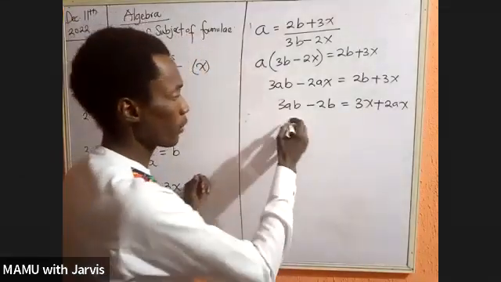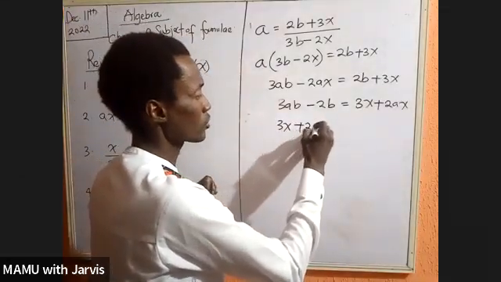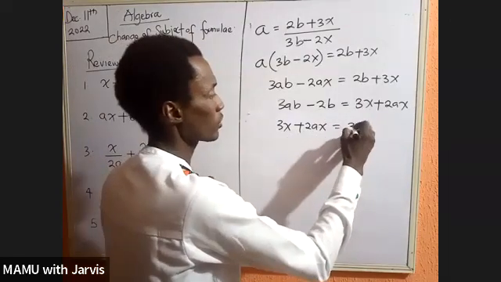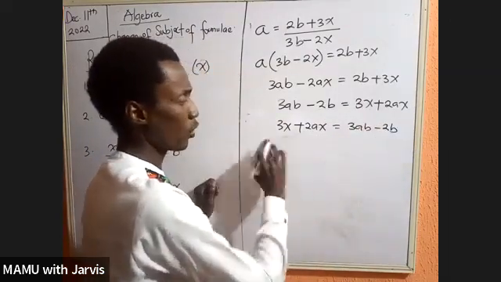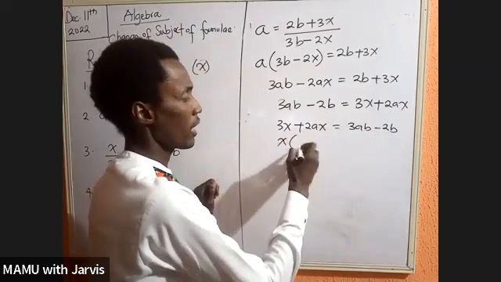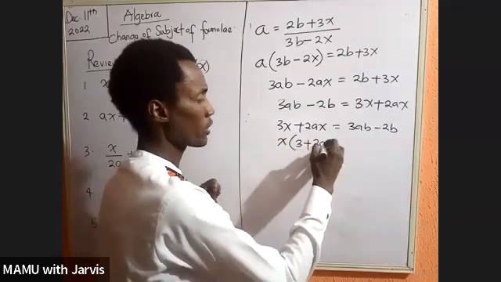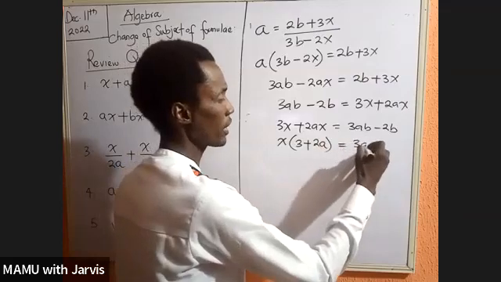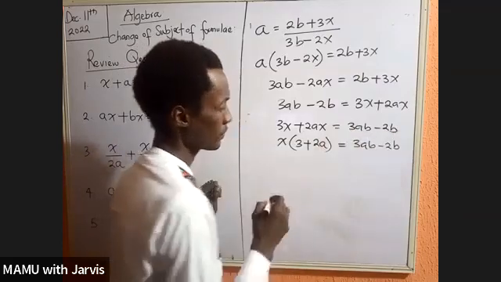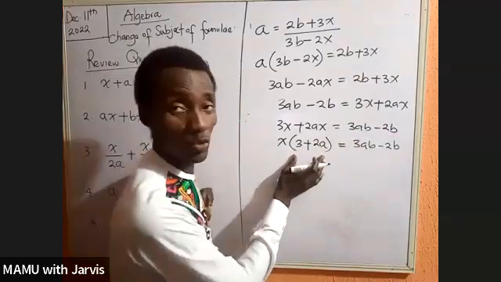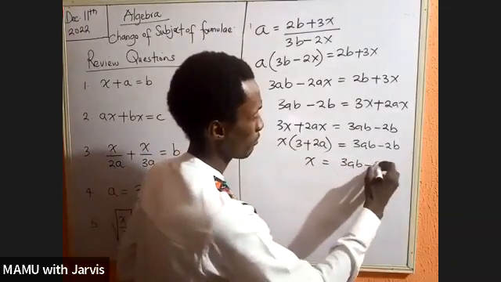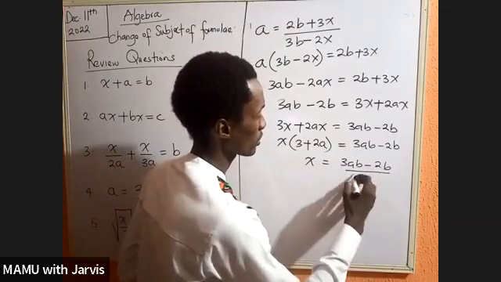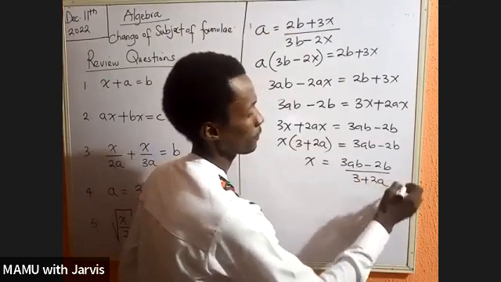All right, so this will now be what? 3x plus 2ax equal to 3ab minus 2b. So look at this, I can factor what out? x. And I'll be left with 3 plus 2a equal to 3ab minus 2b. So I don't need 3 plus 2a on this side. So x will be 3ab minus 2b all over 3 plus 2a.